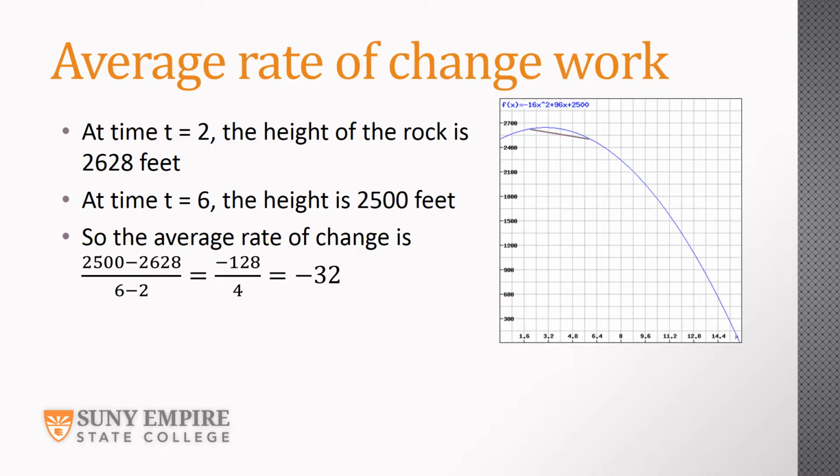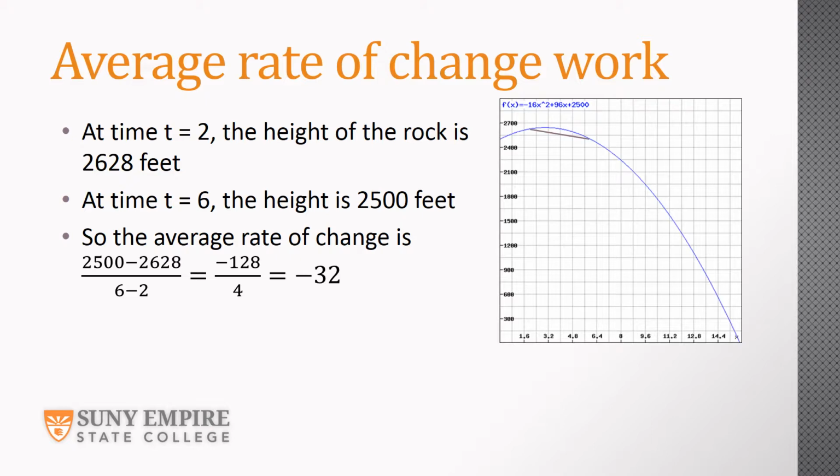When we plug 2 seconds into the function, we find that the height of the rock is 2,628 feet. At 6 seconds, the rock is 2,500 feet above the canyon floor. When we find the slope of the secant line, we have the quantity 2,500 minus 2,628 divided by the quantity 6 minus 2.